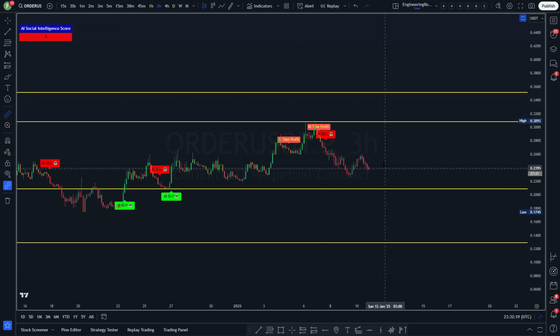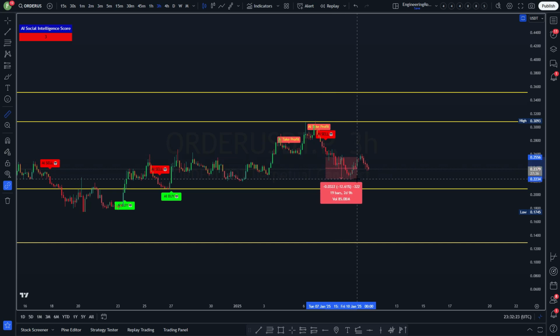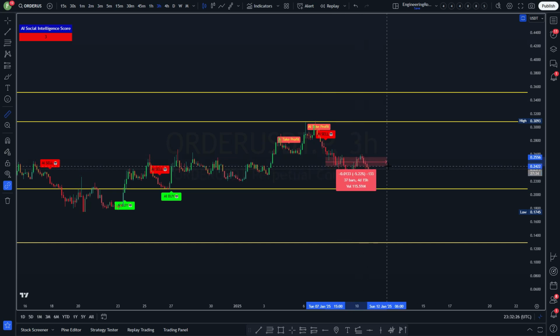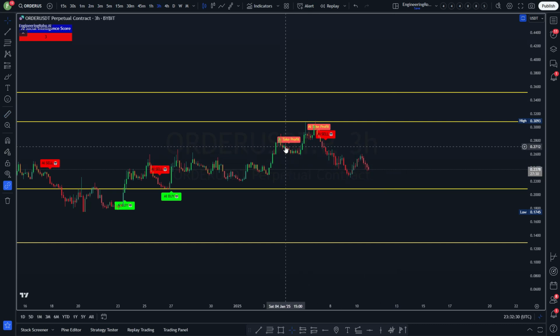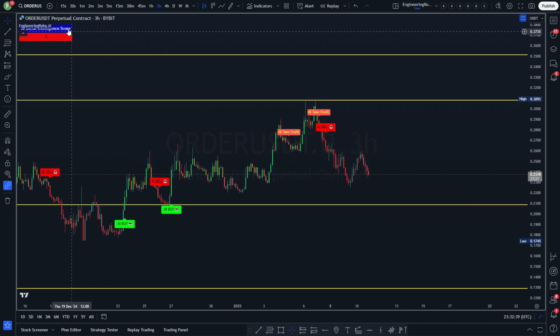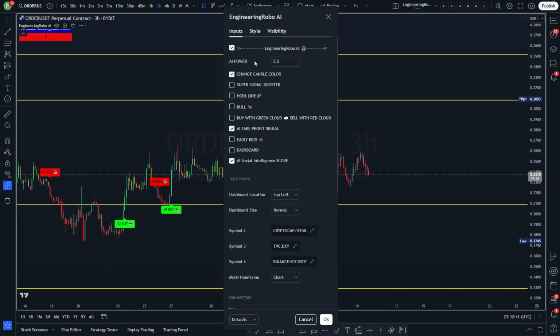If you took the trade at that time, it went as low as 12%. Currently, it's in at 6.3%. The early warning was a buy entry and then taking profit before then turning into a sell signal there.